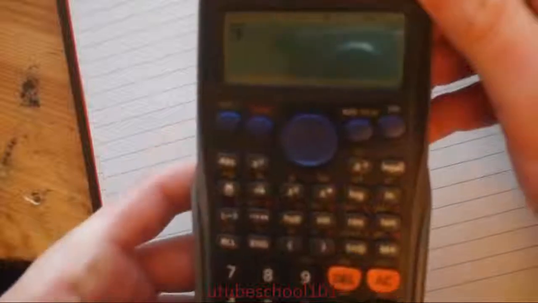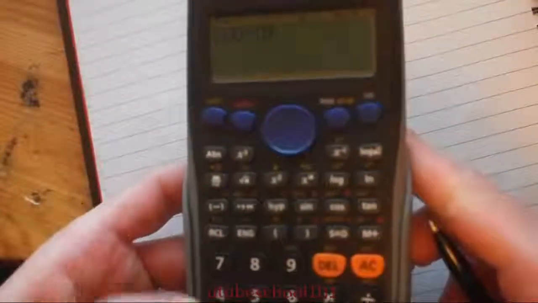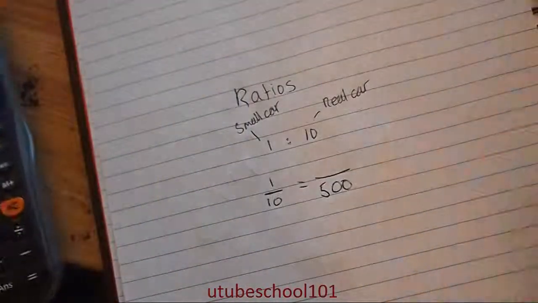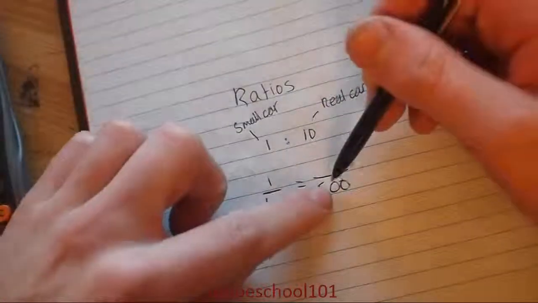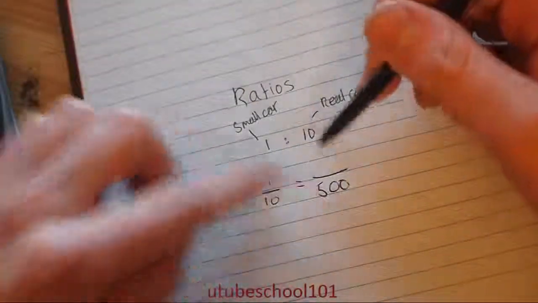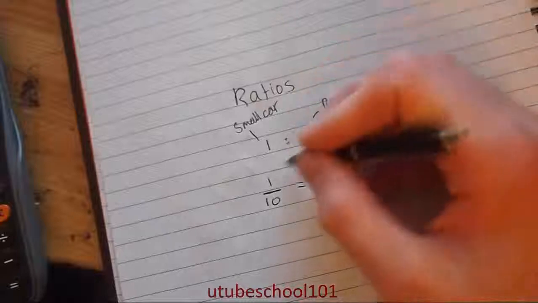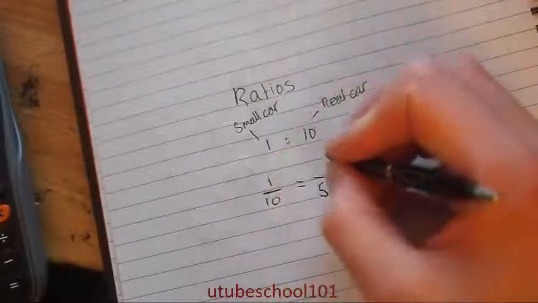So we do, can you see that? Yep, we do 500 divided by 10 equals 50. Well, that's obviously common sense. We have multiplied the small car by 50 to get the real car. So we multiply this by 50.